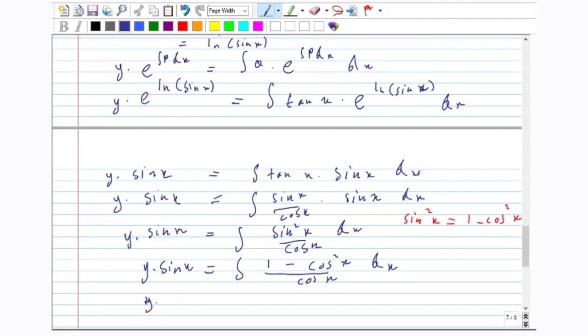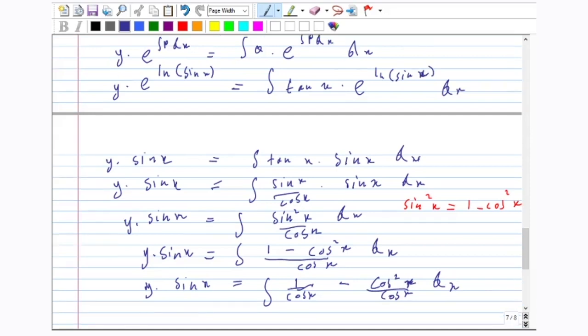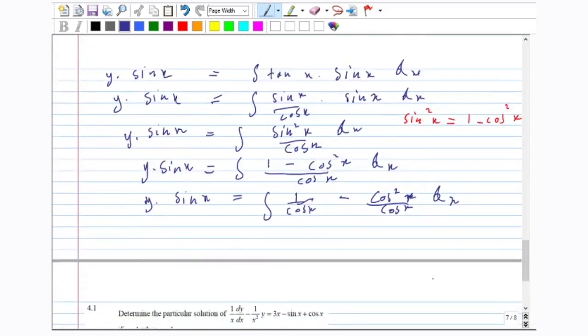So we are going to have y multiplied by sine x, which is equal to the integral of 1 divided by cos x minus cos squared x all divided by cos x dx. Okay? Then your trigonometry again will click in.